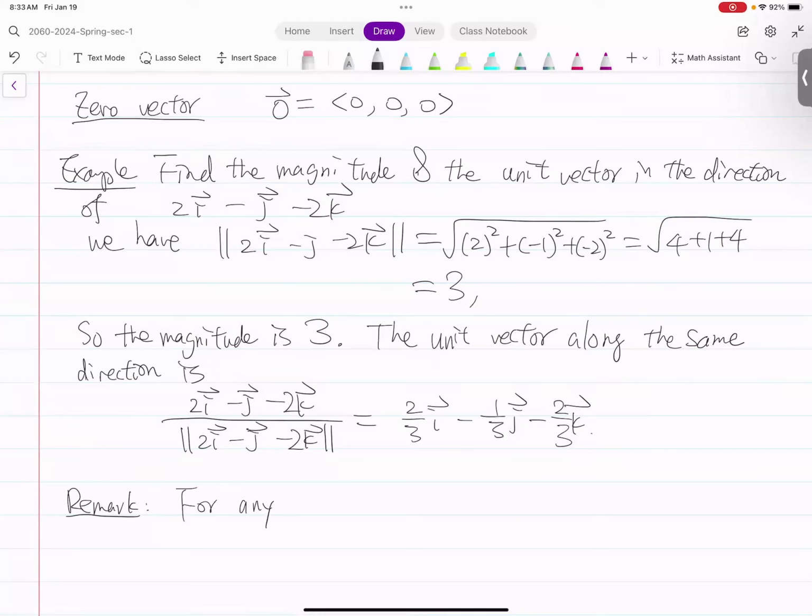For any dimension n greater than 1, we can define vectors u in a similar fashion.